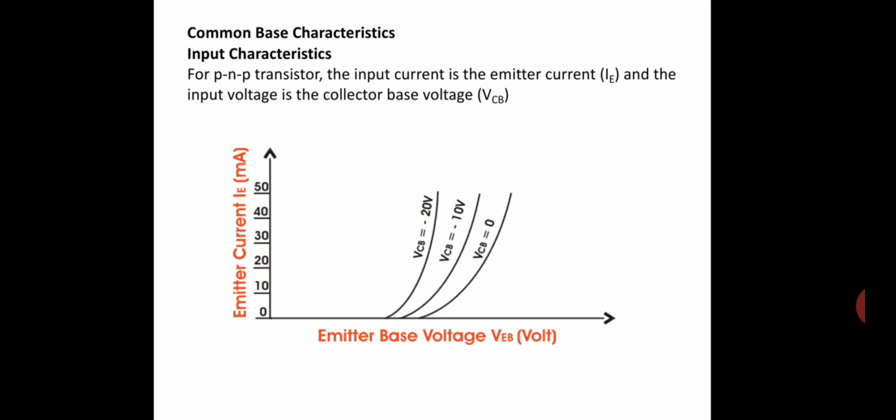For the PNP transistor, the input current is the emitter current IE and the input voltage is VEB, not VCB. So the graph is plotted here. This is the common base input characteristics.